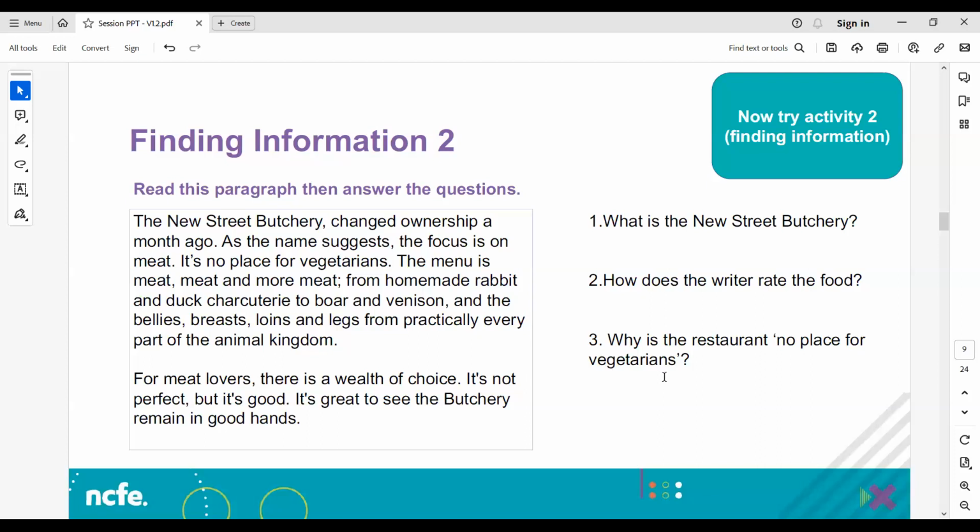Why is the restaurant no place for vegetarians? Because the menu is meat, meat and more meat. You could even use quotation marks in your answer. That would be an excellent answer. Well done. Or you could write something like because the menu is full of meat dishes, or the menu is full of meat. There are no vegetarian options. Okay.